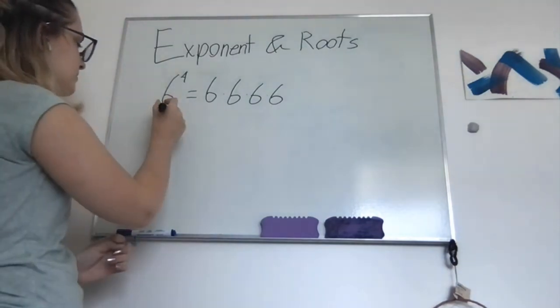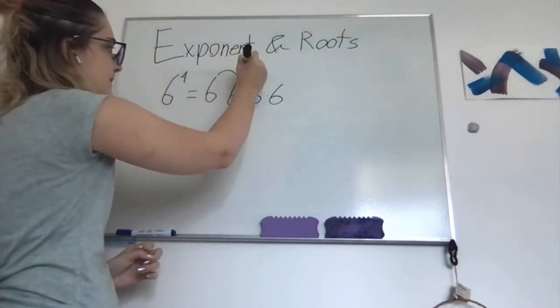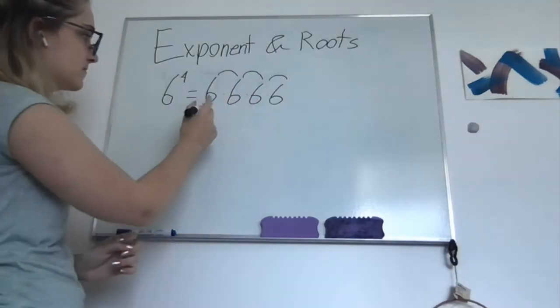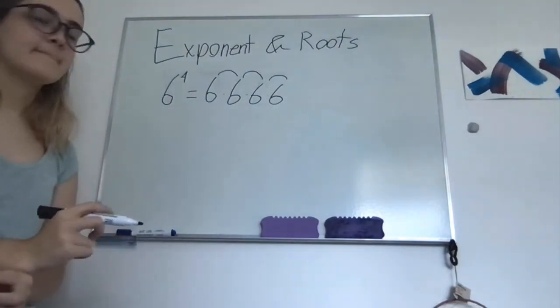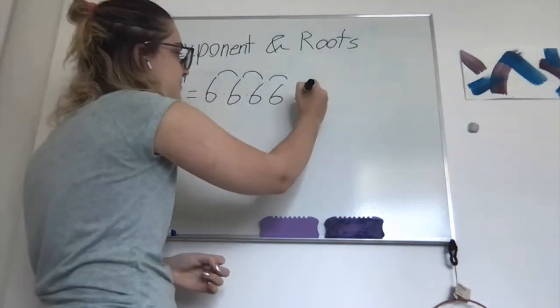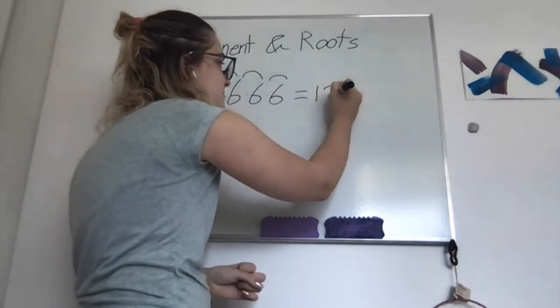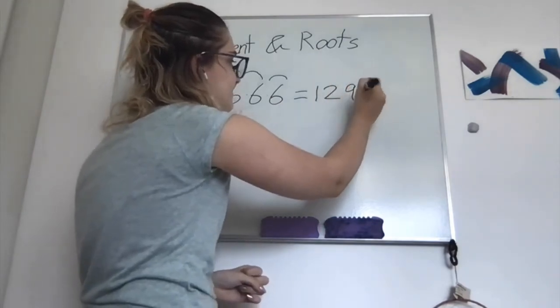So you multiply 6 4 times. There's 4 6s, which equals, if you multiply all of that, 1,296.